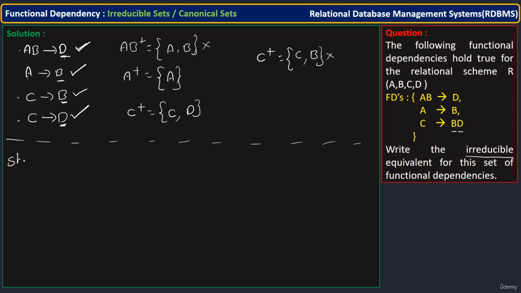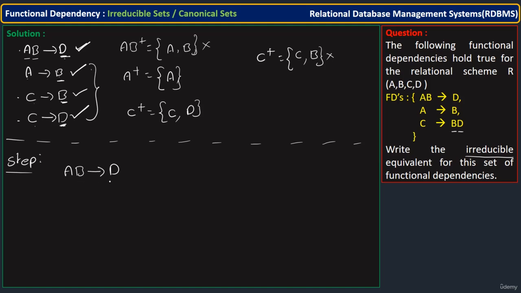Now in step three, observe the LHS. Anywhere you have more than one attribute, consider that FD only. For these three you have only one attribute, but for this FD we have two attributes. Let us take that one first: AB derives D. We already concluded all of them are essential, so let it be.